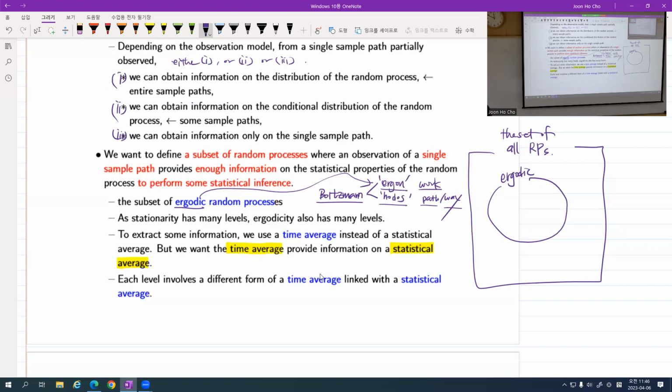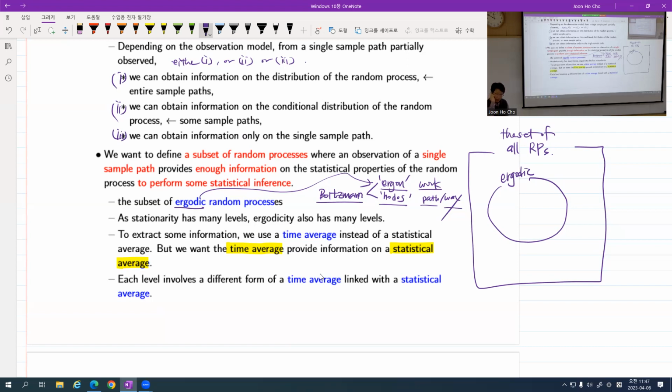Okay, some path, I don't know, but anyway, usually ergodic means that from a single path or only a few sample paths, you can get some information about the ensemble. Got it? That is the simplest idea. From only a few observations of sample paths, you can do some statistical prediction, or you can compute some expectation. Got it?